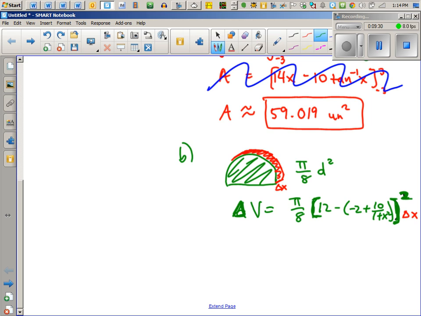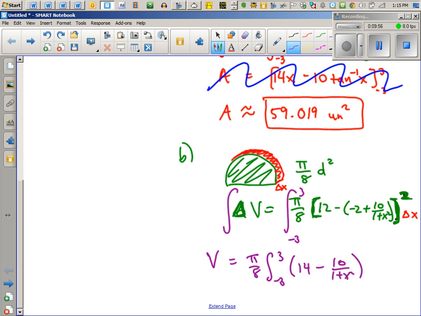And then you integrate both sides. Okay, so if you integrate the left side, you get volume. You can pull the pi over 8 out. If you integrate the right side, you could just type it as y2 minus y1 on your home screen. Or just type 14 minus 10 over 1 plus x squared, and then this is quantity squared.